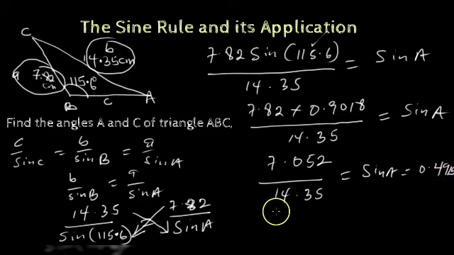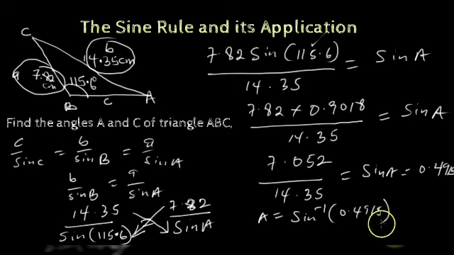Now, if sine A is equal to 0.4915, A is equal to the arc sine of 0.4915. Now, the arc sine of 0.4915 should be the same thing as 29.44 degrees. We can leave it at 29.4 degrees. Now we have gotten our A.